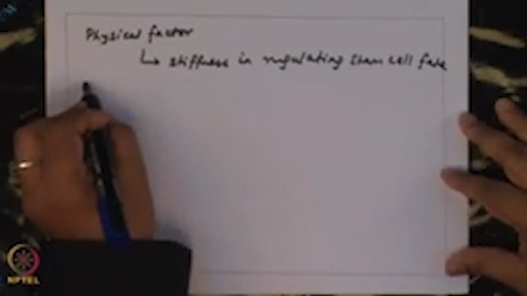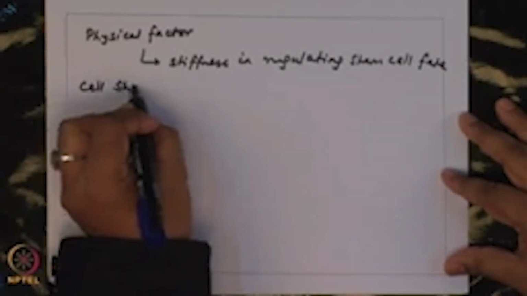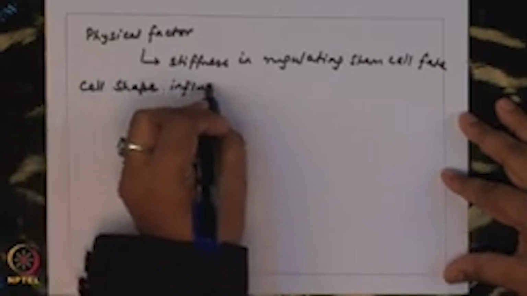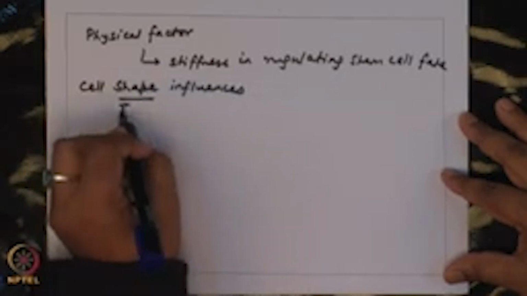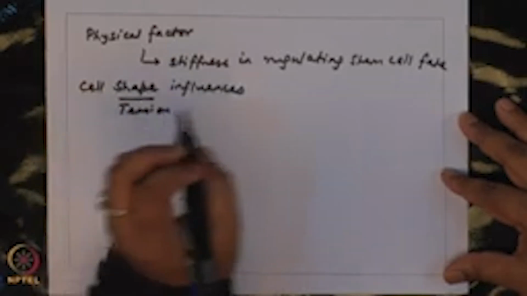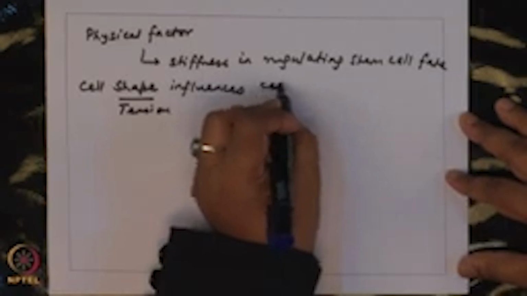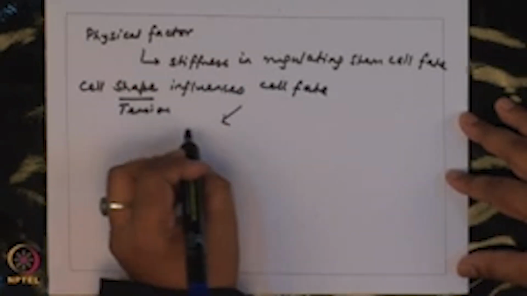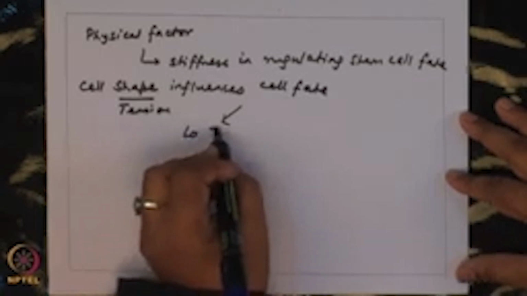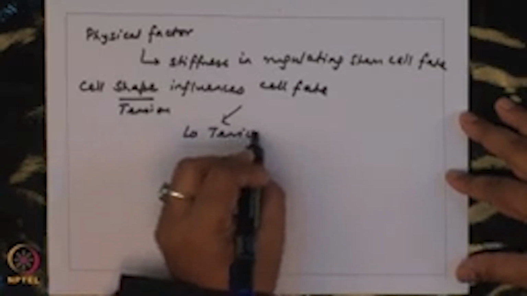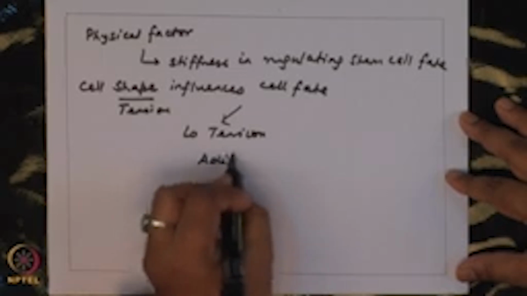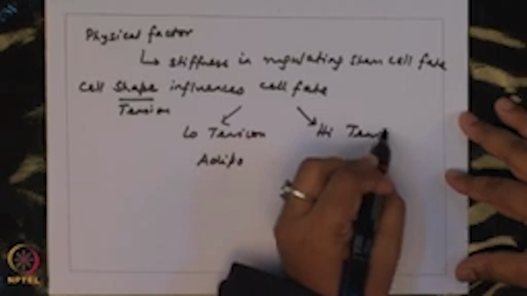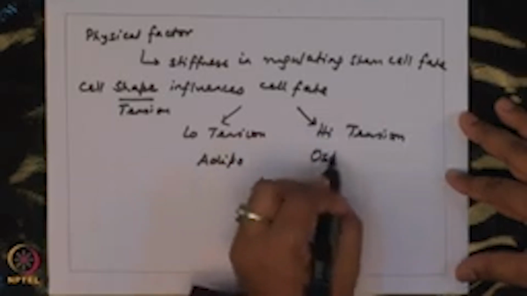Previously I have shown that cell shape influences cell tension, and tension influences cell fate. When you have low tension, you have adipogenic differentiation, and when you have high tension, you have osteogenic differentiation.